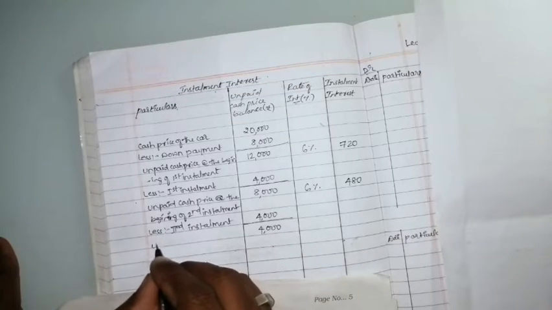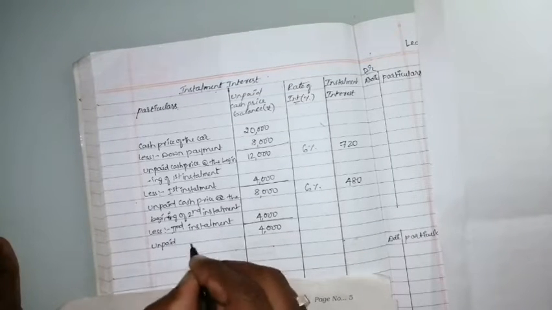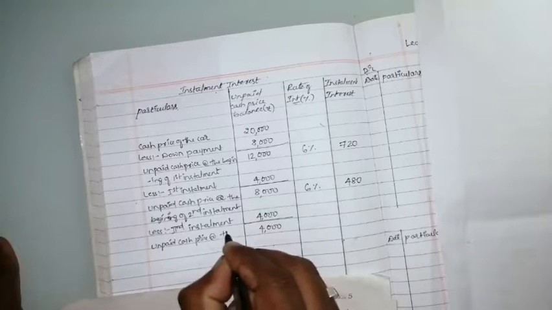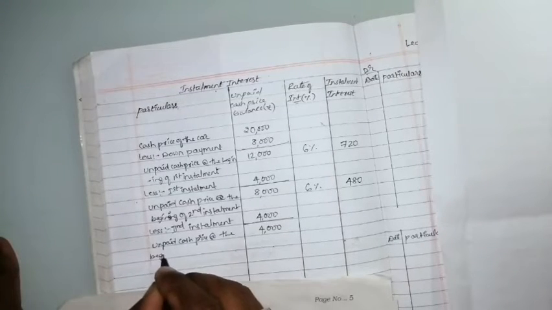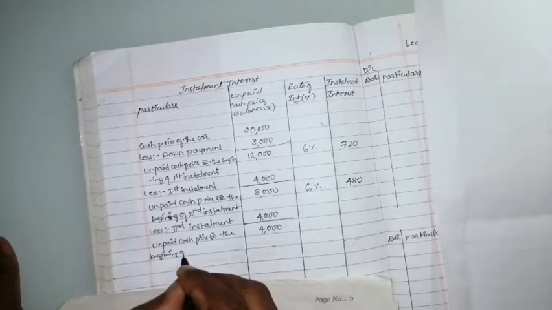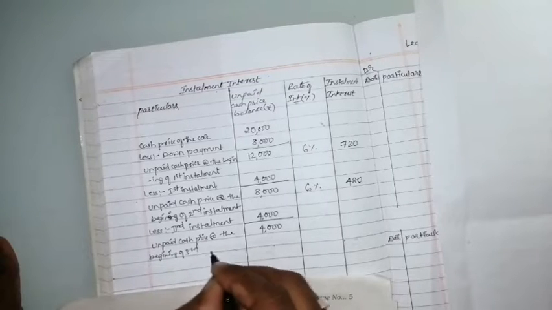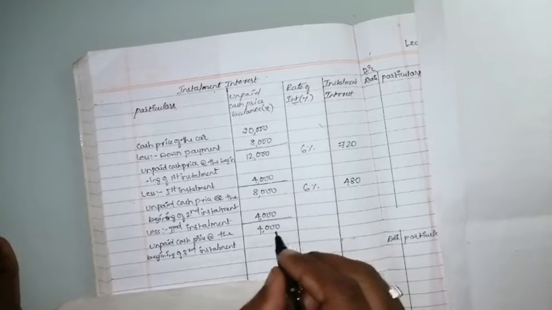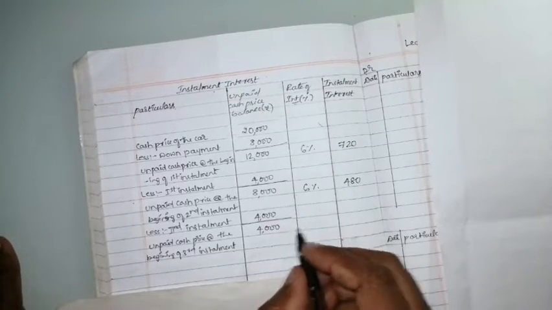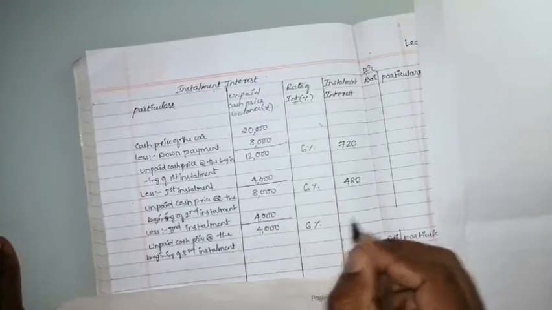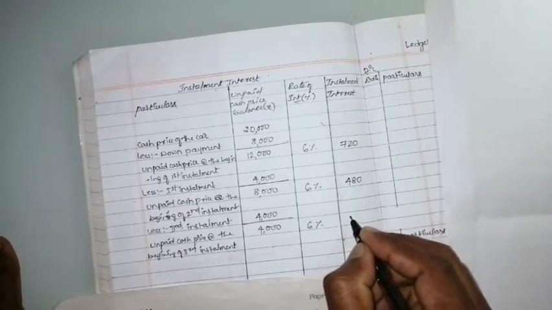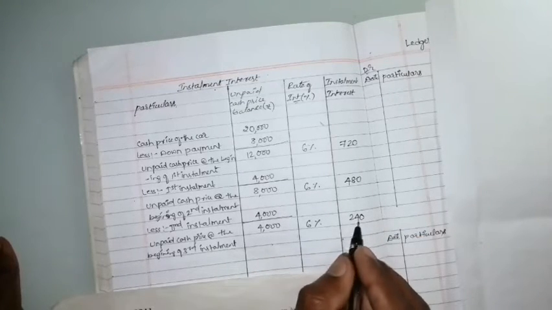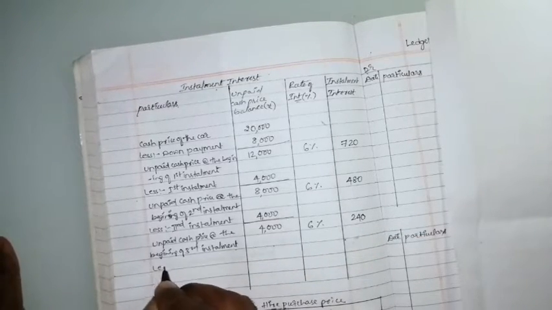It is the unpaid cash price at the beginning of third installment. On that outstanding balance, again we have to put 6% rate of interest, which leads to 240. 4000 into 6%, 240.